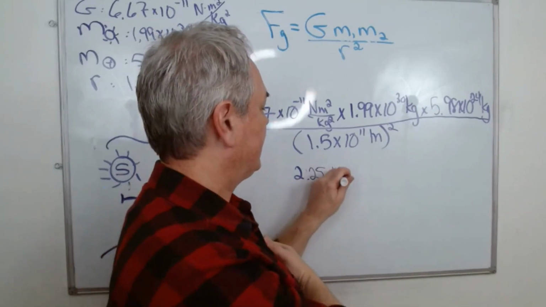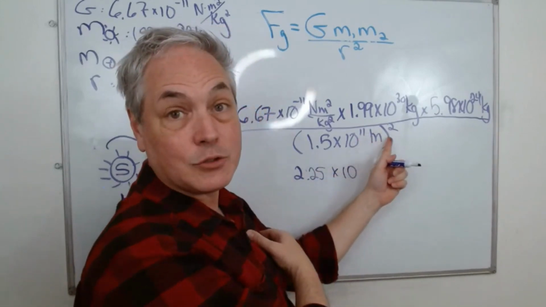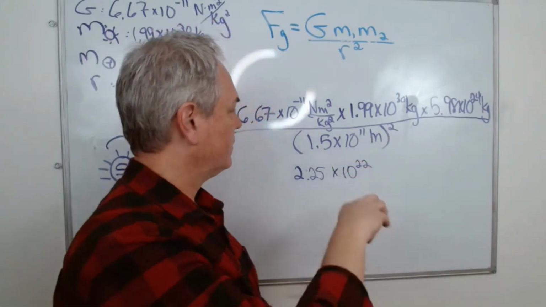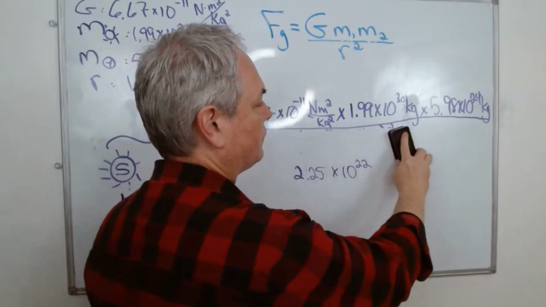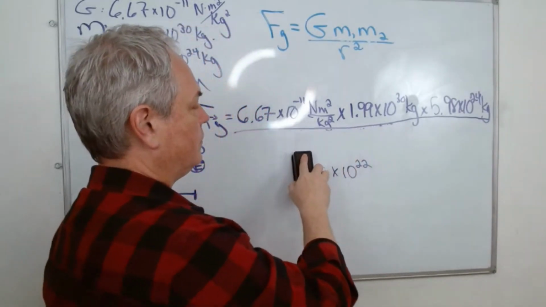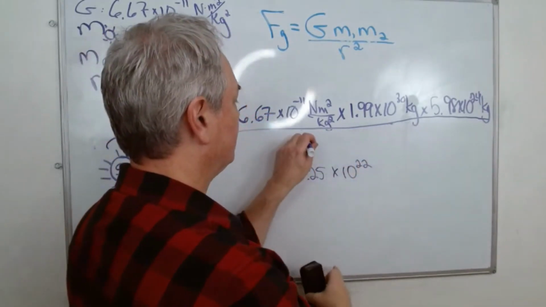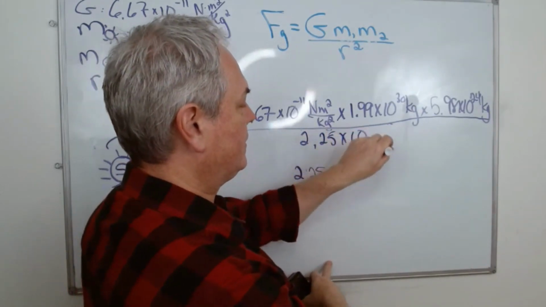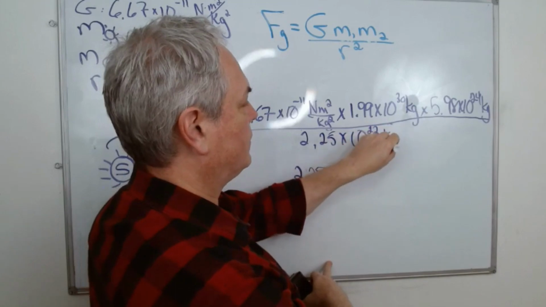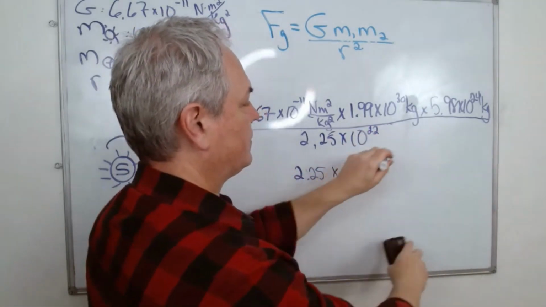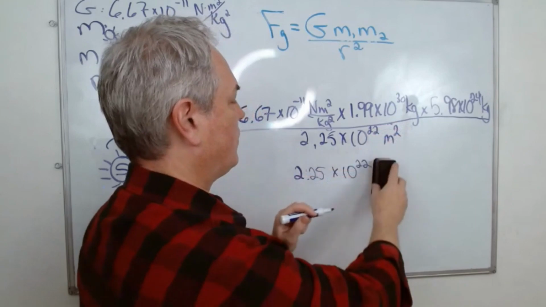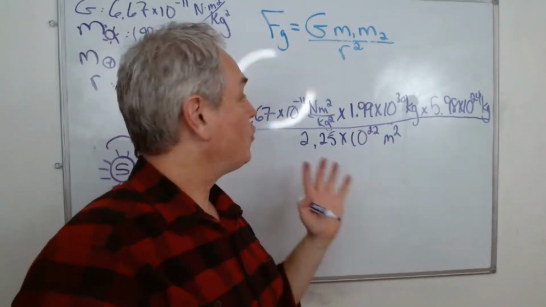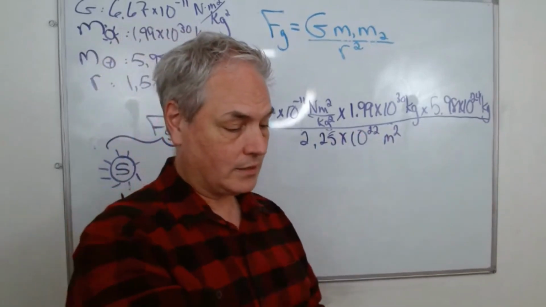So here we have times 10, 11 times 2 is 22. So let's change that for the denominator right here: 2.25 times 10 to the 22, and this is in meters square. So here we're simplifying the information because there's so much here that we need to make it easier.